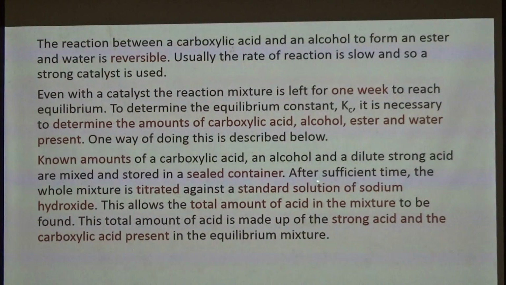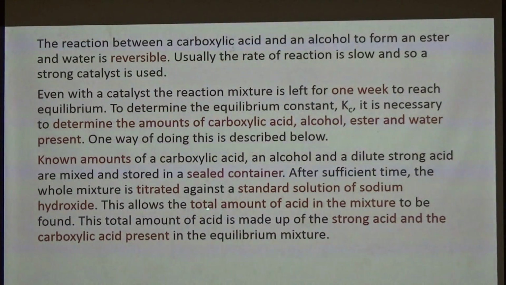After sufficient time, which is 1 week, the whole mixture is titrated against a standard solution of sodium hydroxide. Now you see the word here, standard solution. Standard solution means you know the exact concentration of this sodium hydroxide. This will then allow the total amount of acid in the mixture to be found.